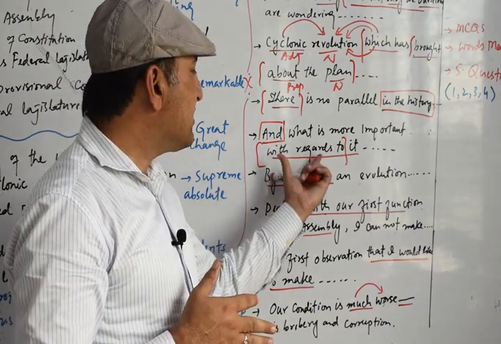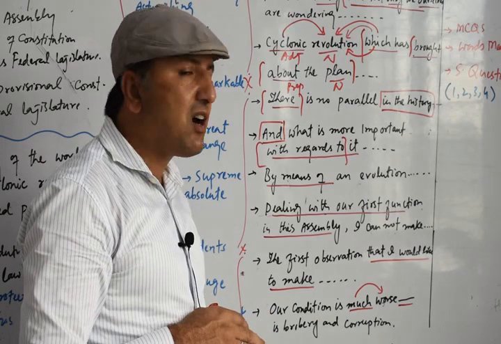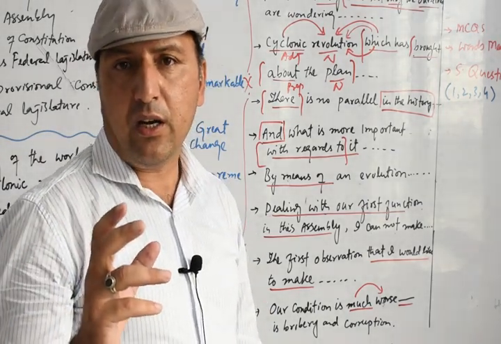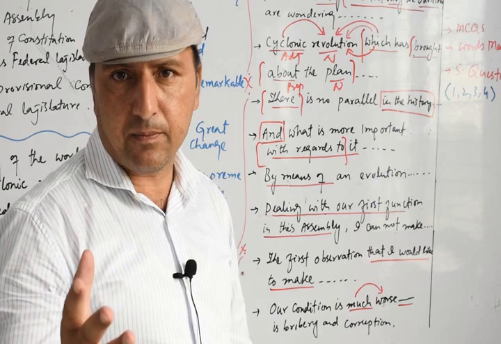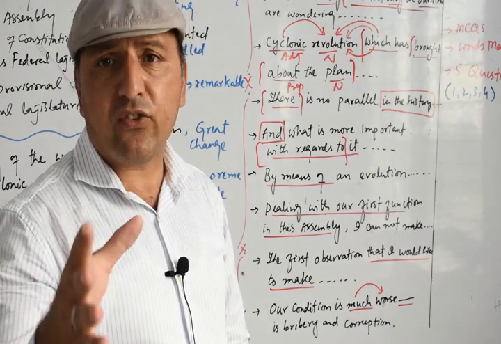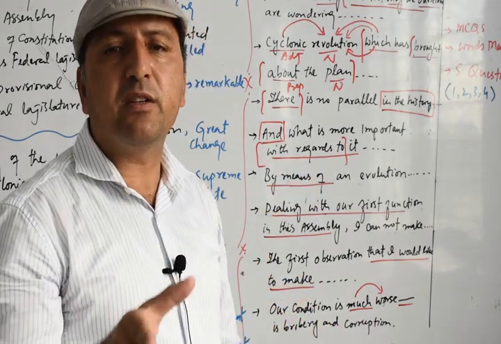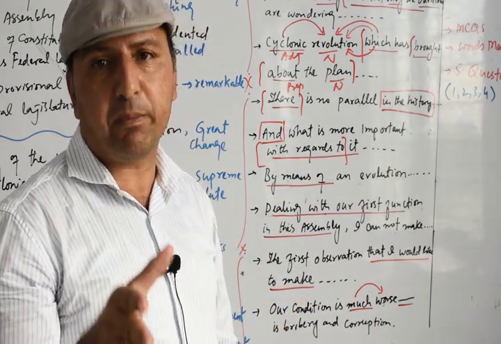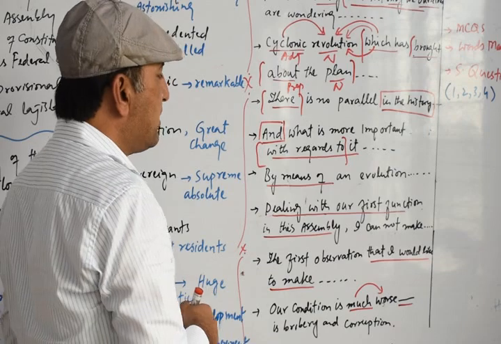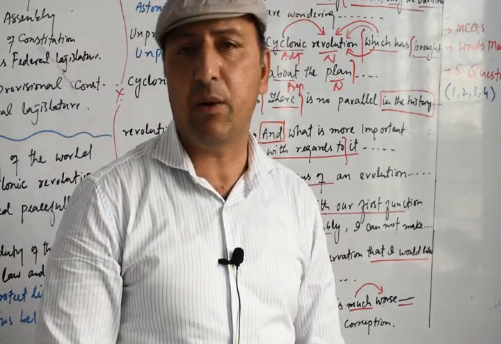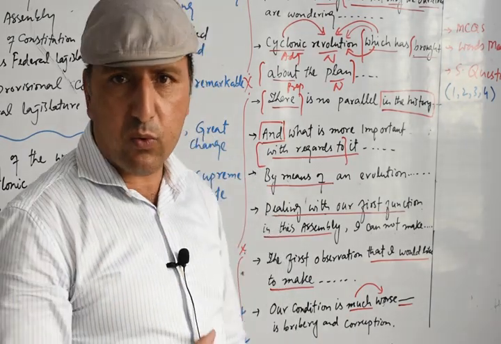With regards to is basically a phrase preposition. It is in the shape, in the guise of a phrase. So it is a phrase and it works as a preposition, so we call it a phrase preposition. It also sometimes works as a conjunction as well.